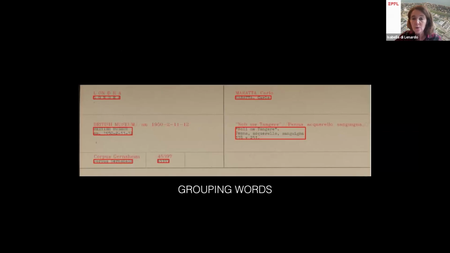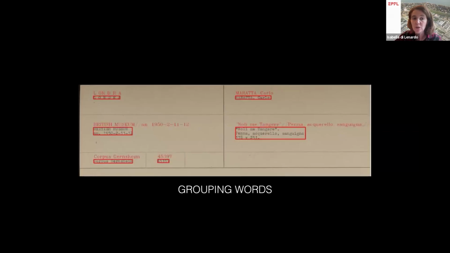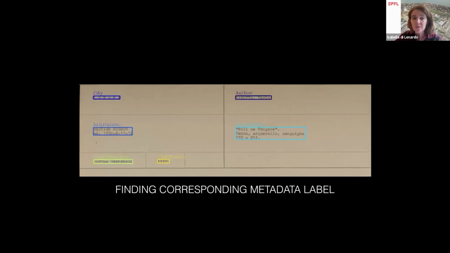But of course, it's also important to try to label the elements, because we want the word London to correspond to the fact that it's information to keep as a city.